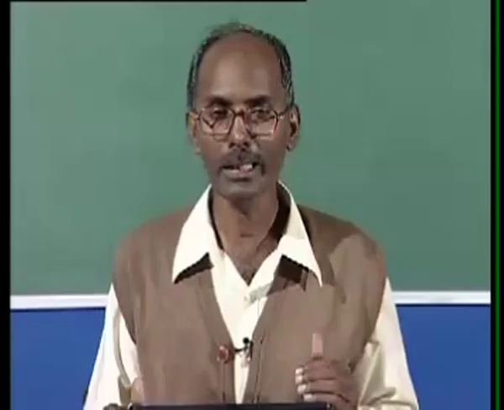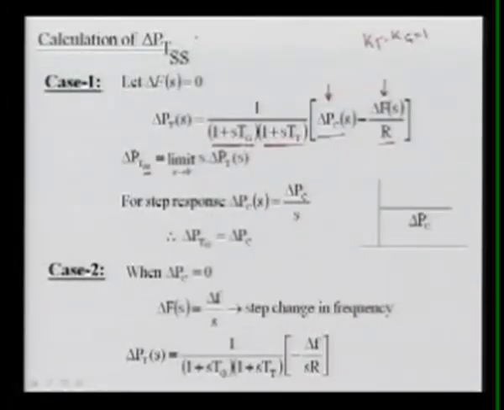You know the final value theorem: if there is any change in any of the inputs, then as per the final value theorem we can obtain the steady state value by taking the limit as S tends to 0, multiplying S with the output, that is the change in turbine power in the S domain. So once we put this here, we can get the steady state value of the turbine, that is PTSS.